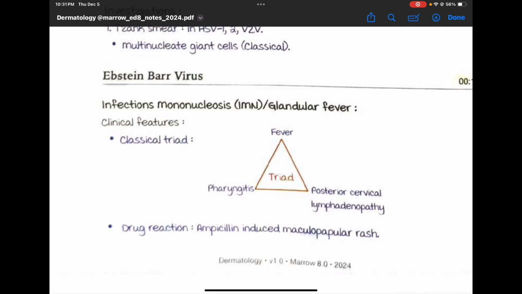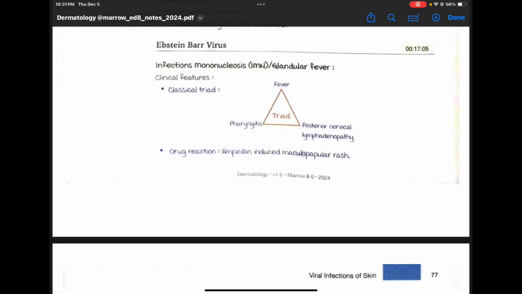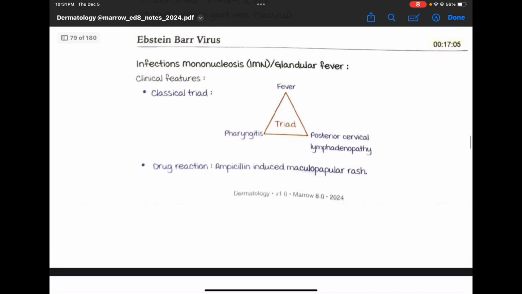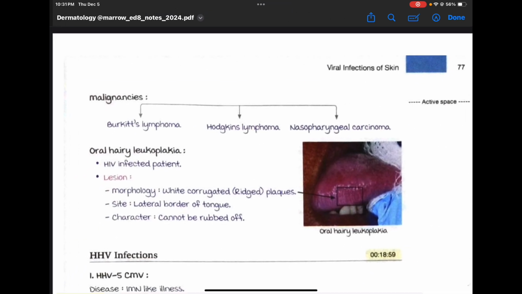So I just saw a patient who had these symptoms: fever, posterior cervical lymphadenopathy, missing pharyngitis, but that was the first doubt, like mononucleosis. But later it was a chickenpox infection. Epstein-Barr virus. So that's the triad in that.